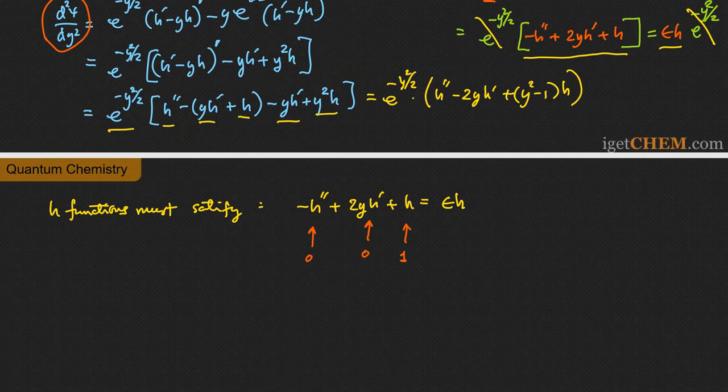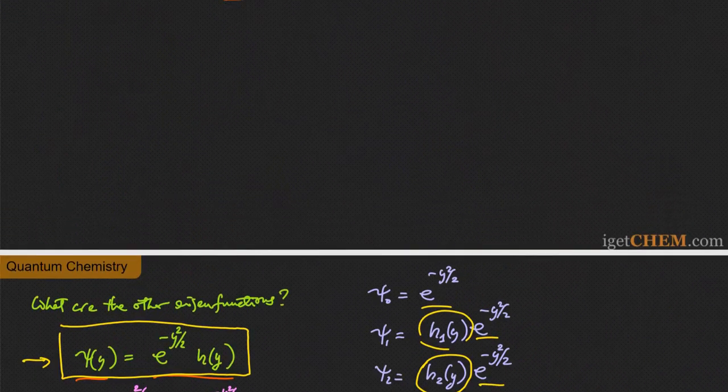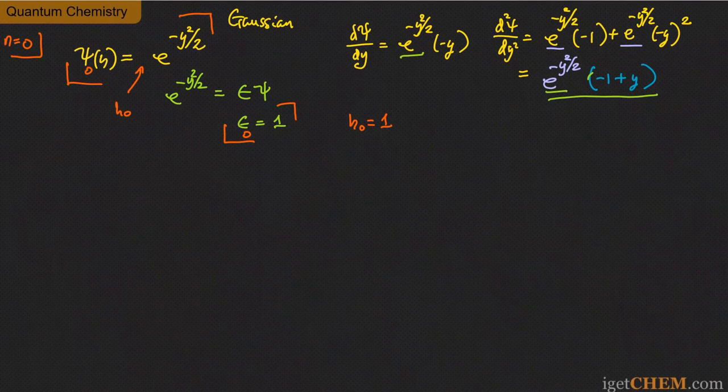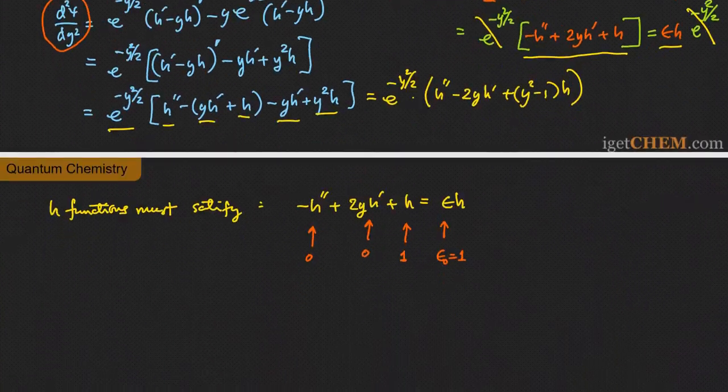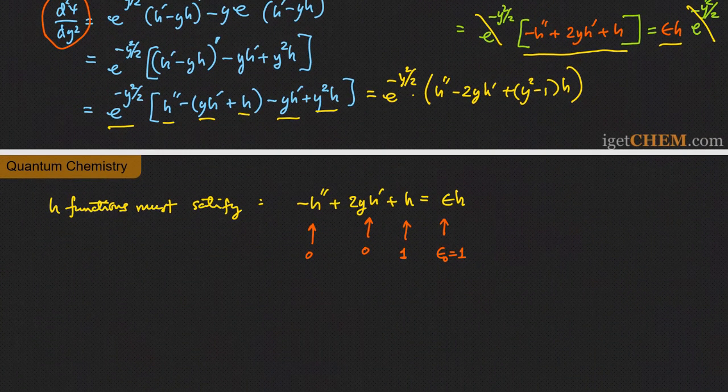So in fact, H is equal to epsilon H, where epsilon 0 is equal to 1. We have found that the first eigenfunction has an eigenvalue epsilon 0 equals 1, so the solution we found already is consistent with this equation.